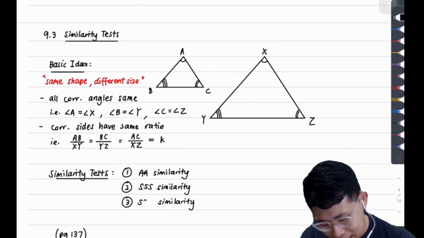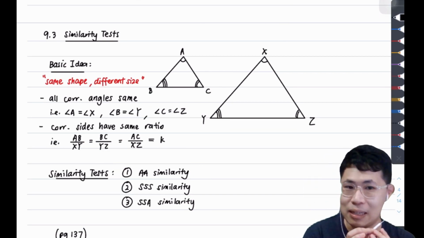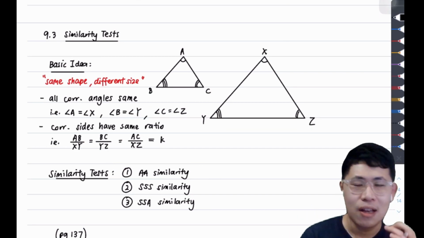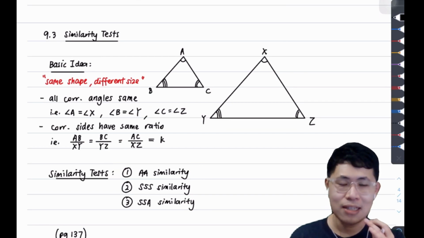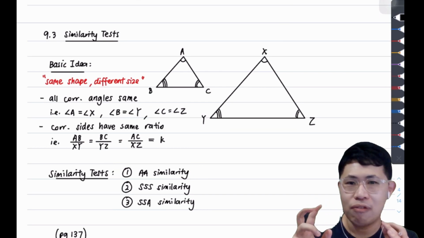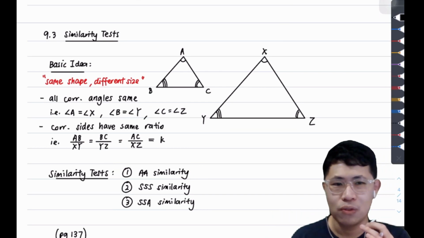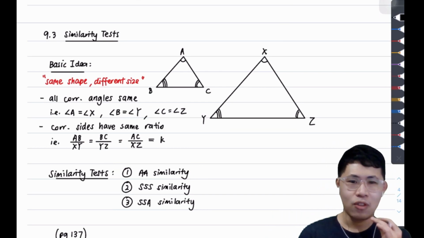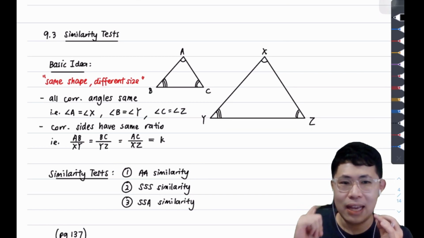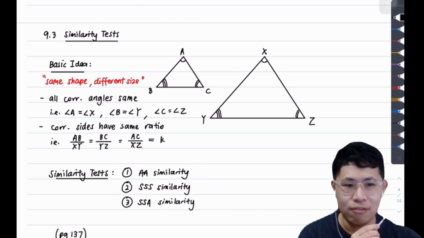It can also be an SSA similarity. For congruence, we don't have an SSA congruence due to the ambiguous case, but for similarity, we can do the SSA, and it's a bit different from how we prove the congruence. We'll save that for later, but let's take a look at the AA similarity first.